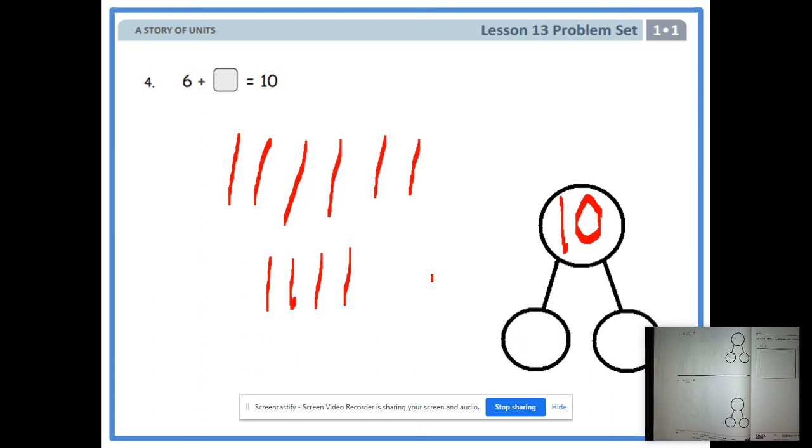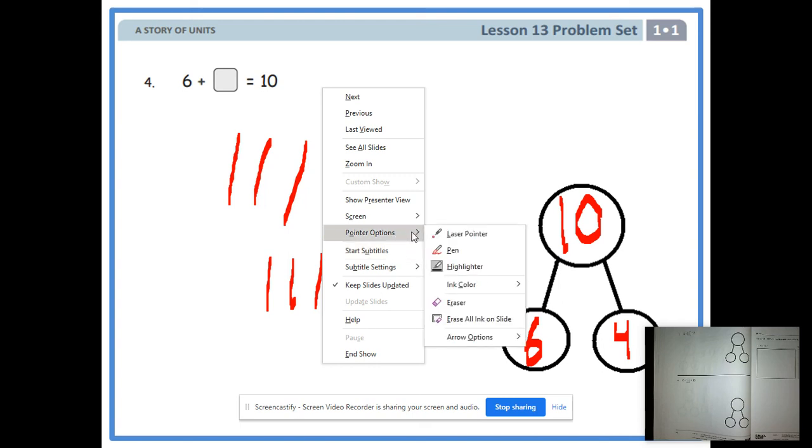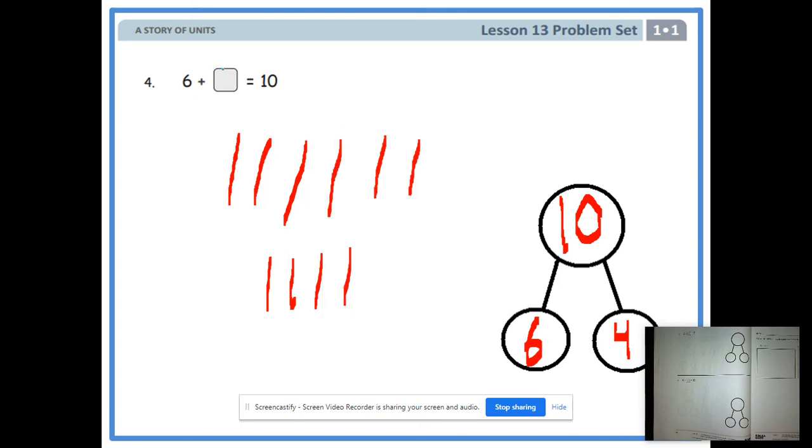Get ready. Yes, 6 and 4. So let's go ahead and write it in. And don't forget to write in your mystery number in your number sentence. 6 plus 4 equals 10. Awesome job, boys and girls.